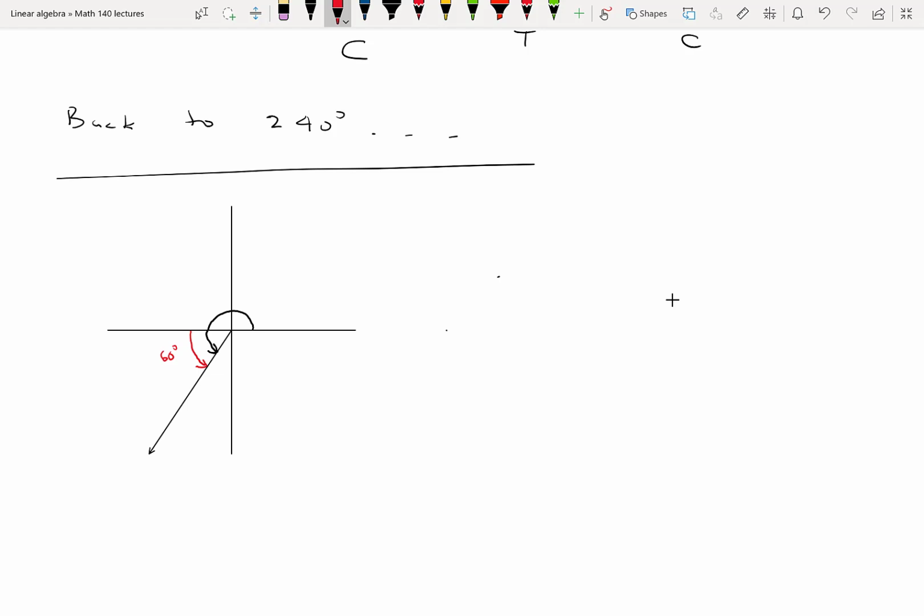Well, all the trig functions are not positive in quadrant 3. If we were going through this the way we did in the very beginning, we would need to construct a triangle. This would be a 30, 60, 90 triangle. The sides would be proportional to 1, 2, and radical 3.